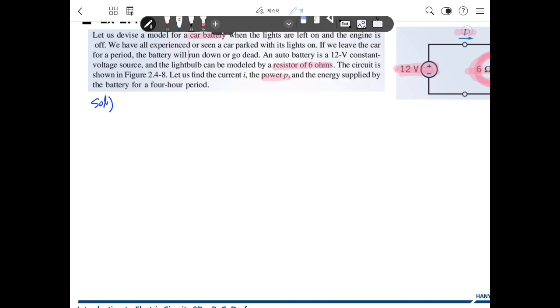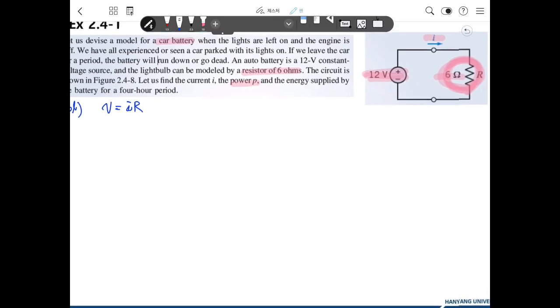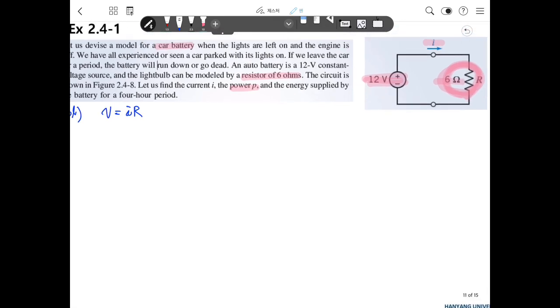Ohm's law. So V is IR, and based on that, it is defined this way. Here is the V, and this is I. The current I is like a kind of water flow.